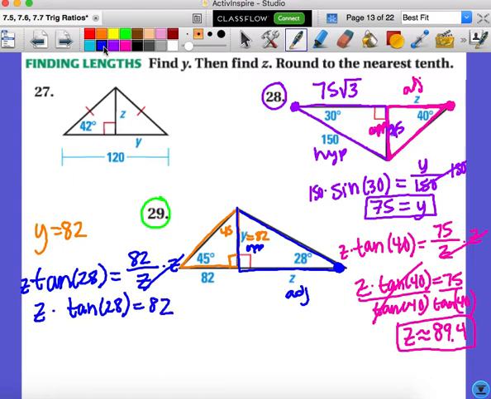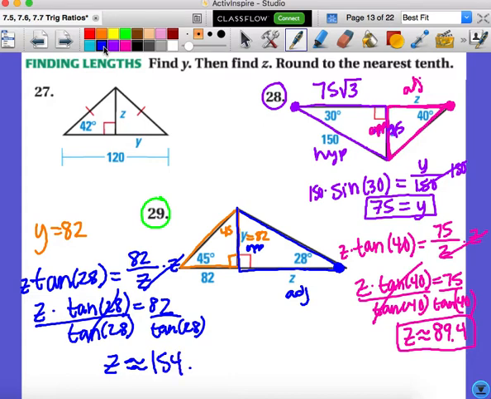Since z is being multiplied by something, we're going to divide by that something. And what we do to one side, we do to the other. And on the right, we have 82 divided by the tangent of 28. So we find out that z is approximately 154.2.